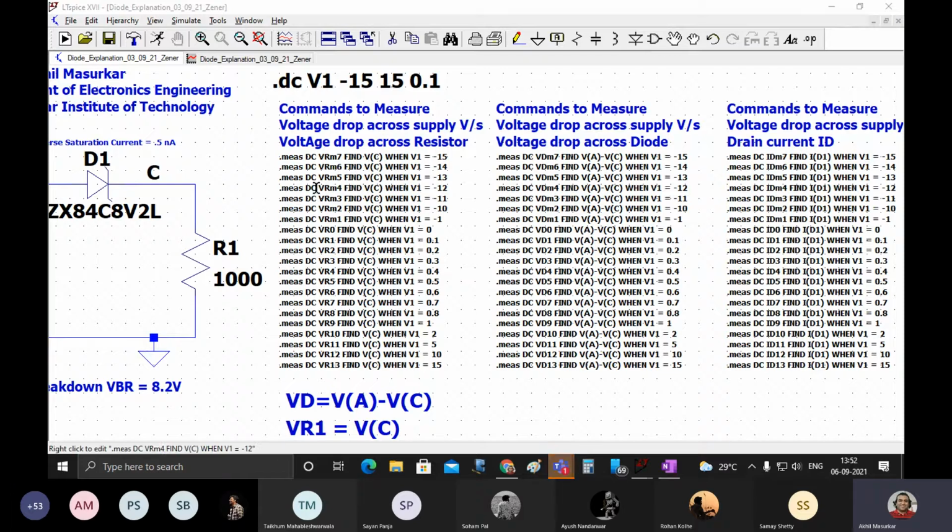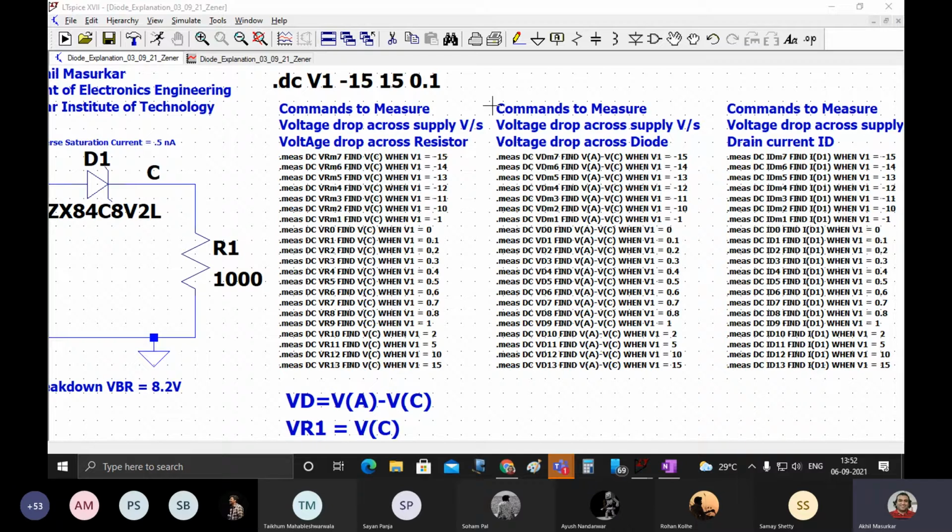So now here, my question was how many values of voltage drop across the resistance SPICE is calculating. For that you should see this .DC V1. It is going from minus 15 to plus 15, but in steps of how much? 0.1. So 15 minus minus 15 would be 30 volts.